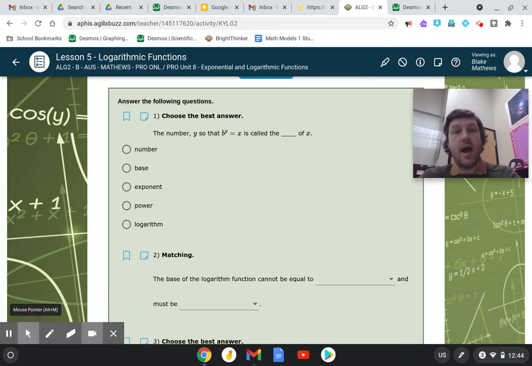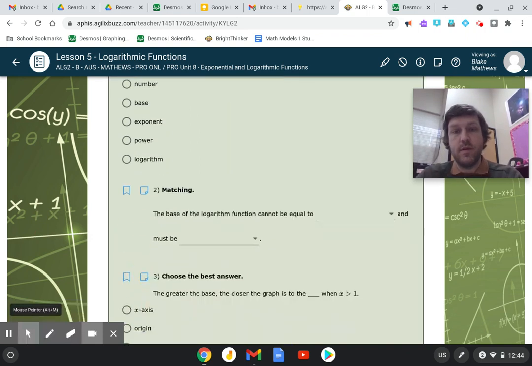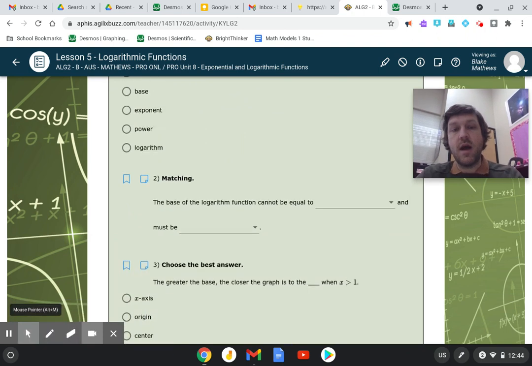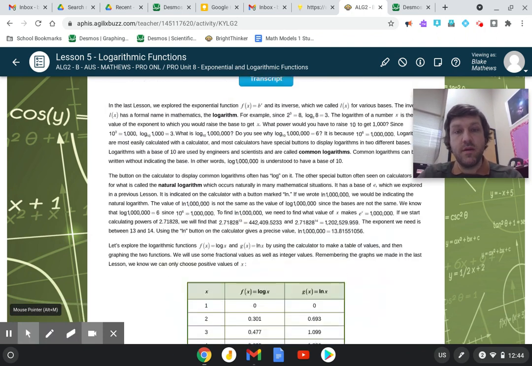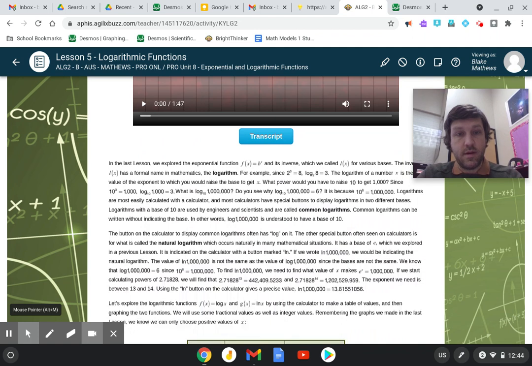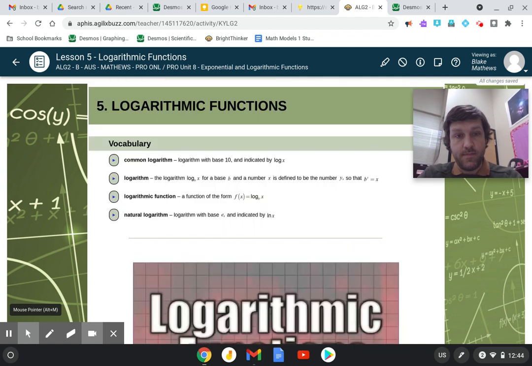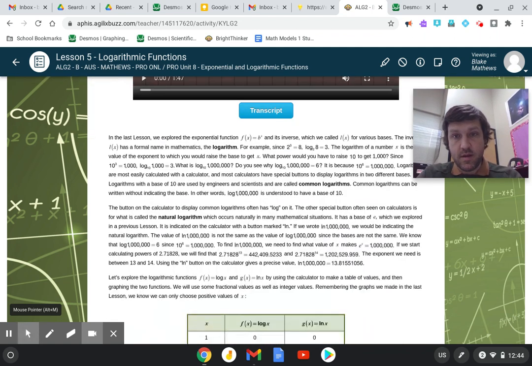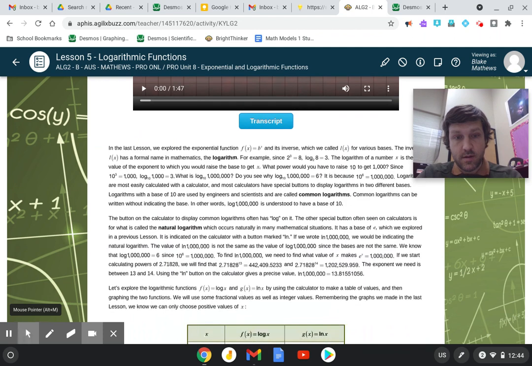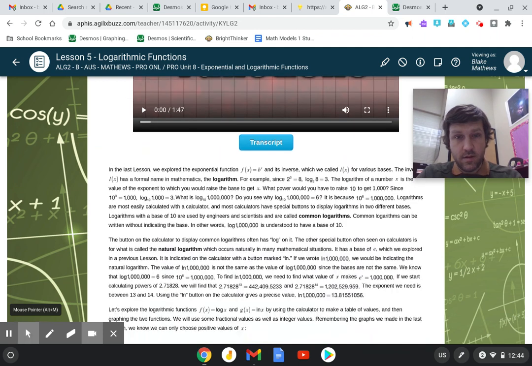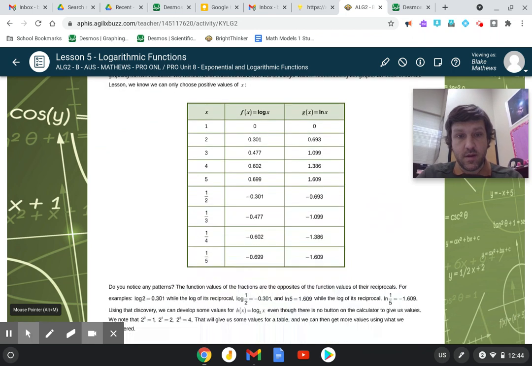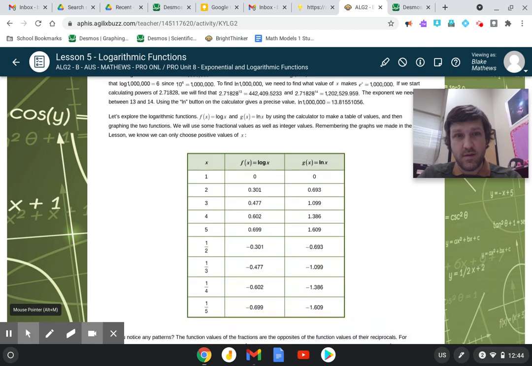The number y, remember that's the exponent of that expression, because the b is the base, the y is the exponent. The base of the logarithm cannot be equal to, this is described up here in the lesson.